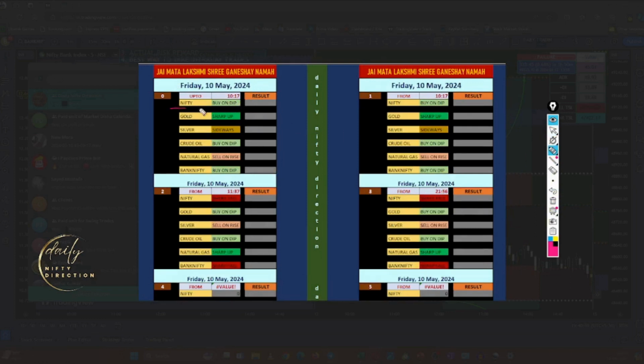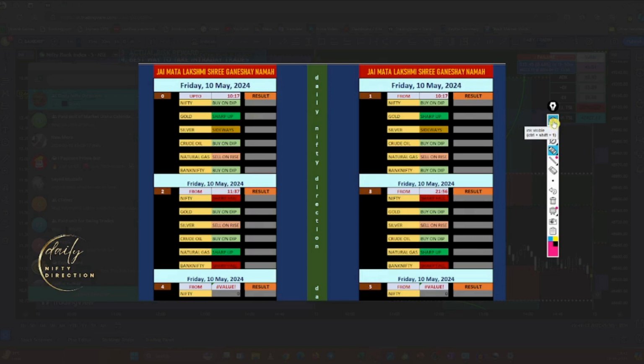10th of May, the direction given is buy on dip, and later it will show a sharp fall. This was provided way earlier, one month earlier.